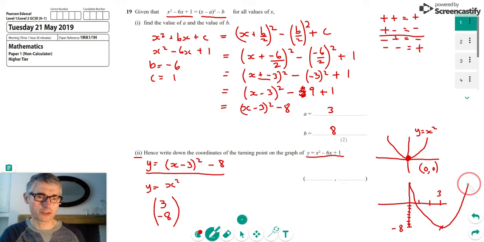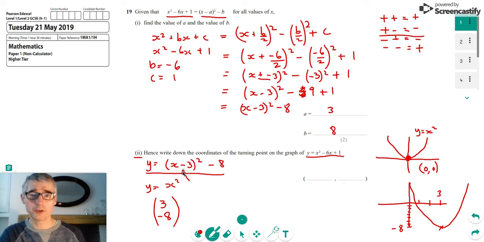So a translation means it's going to be exactly the same shape as the original y equals x squared, it's just moved. So it's moved by, as I've just said before, 3 in the x direction. It's important to note, taking the opposite sign to the one that we have here. So the sign flips.